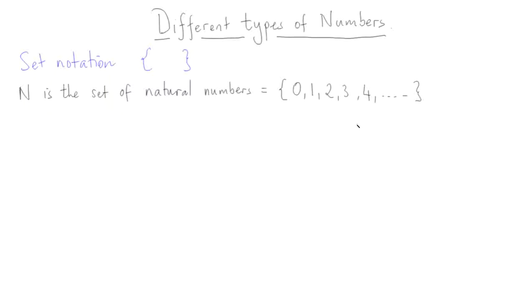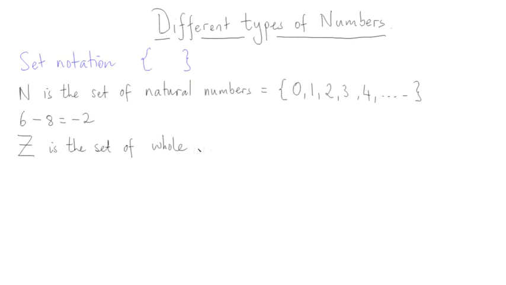In order to count negative numbers, or to do the operation, for example, 6 minus 8, which gives us a negative number answer, we have to introduce the set capital Z, which is what's called the set of whole numbers.